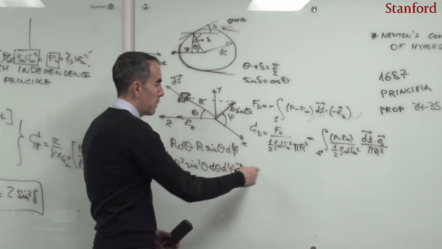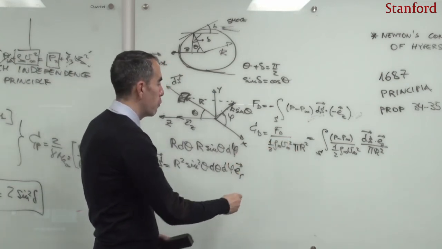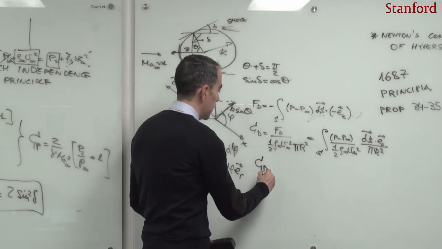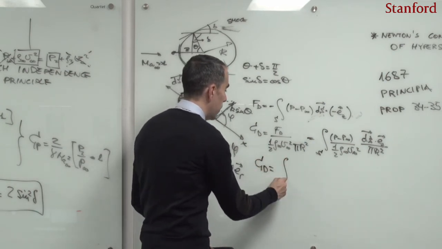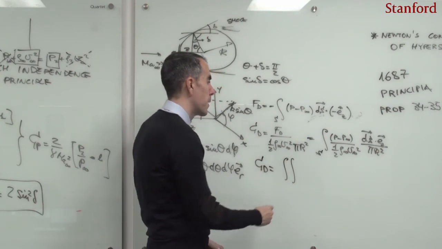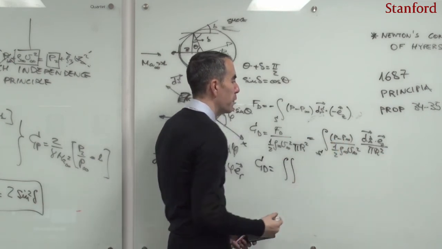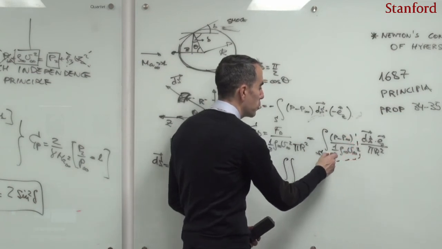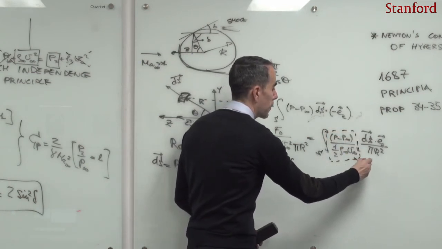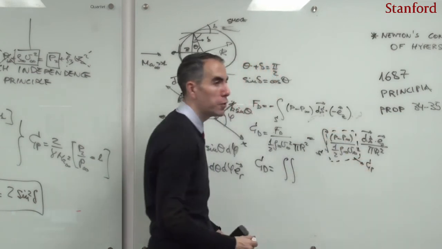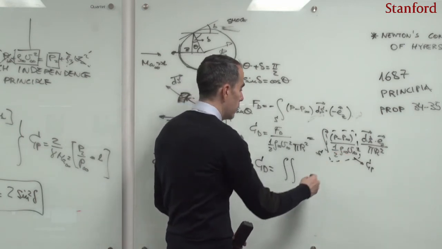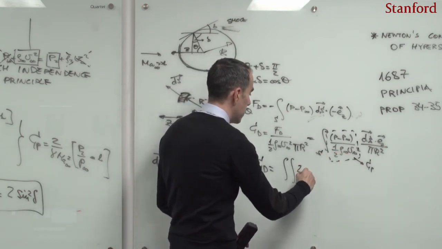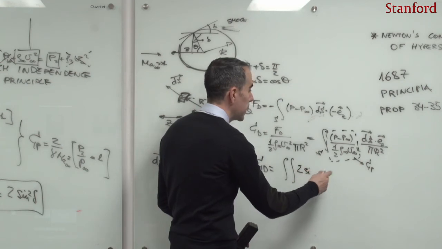So then I could come here, substitute this into the formula for the drag and say that the drag is equal to an integral, which is going to be a double integral. The pressure minus the P infinity is given by this quantity here, the pressure coefficient, and here I can substitute it from the Newtonian theory, which is just twice multiplied by the sine square of delta, right?